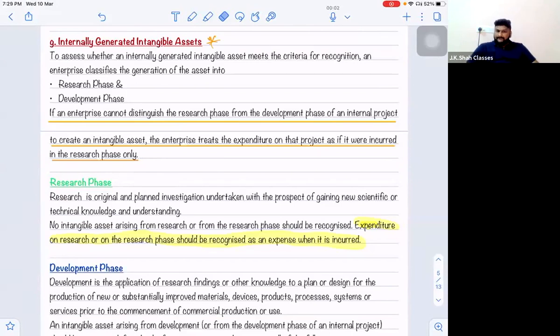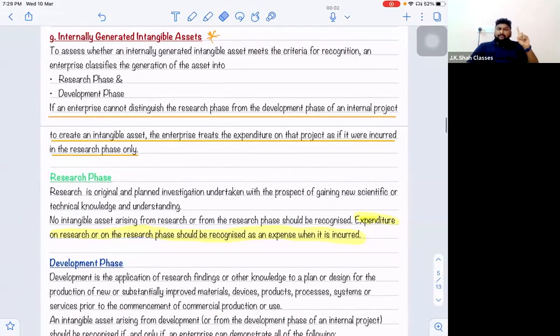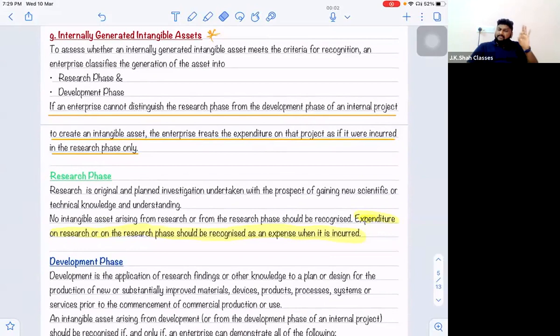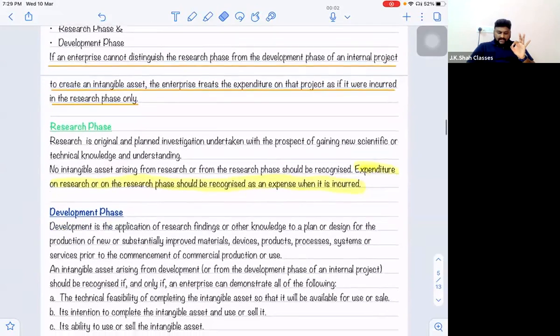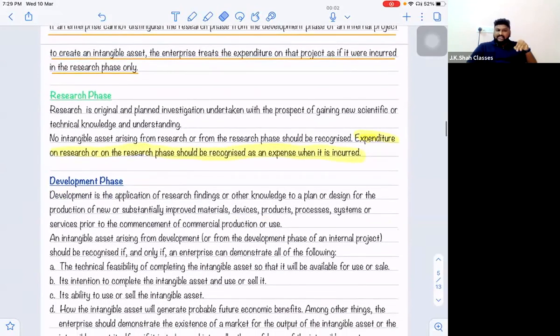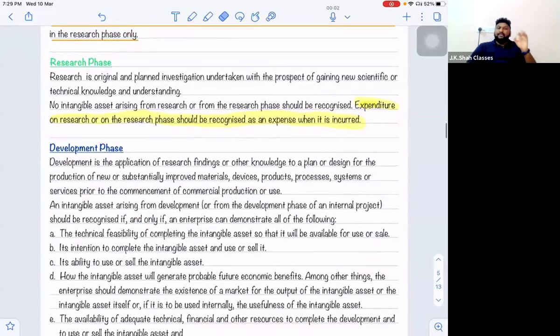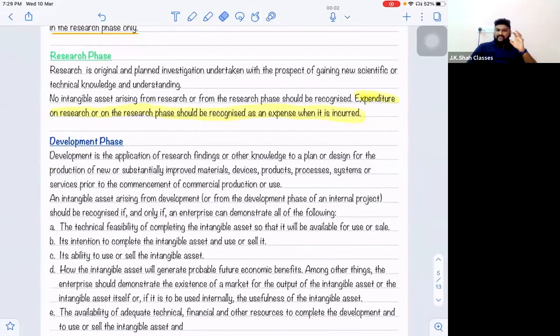As simple as that. But sir, when I talk about the development phase, expenditure can be capitalized as an intangible asset in the books if you can fulfill the following 5 conditions that you can see on your screen. In simple terms, those 5 conditions are called asset recognition criteria.